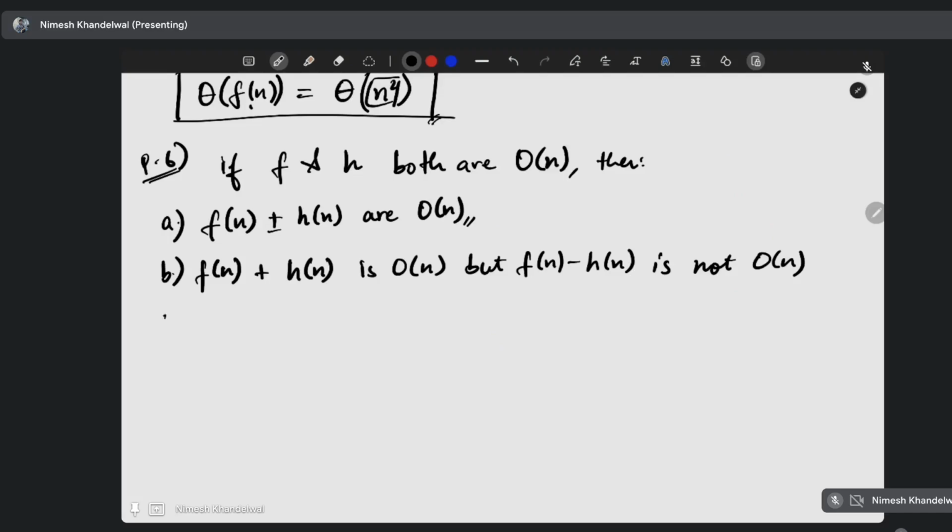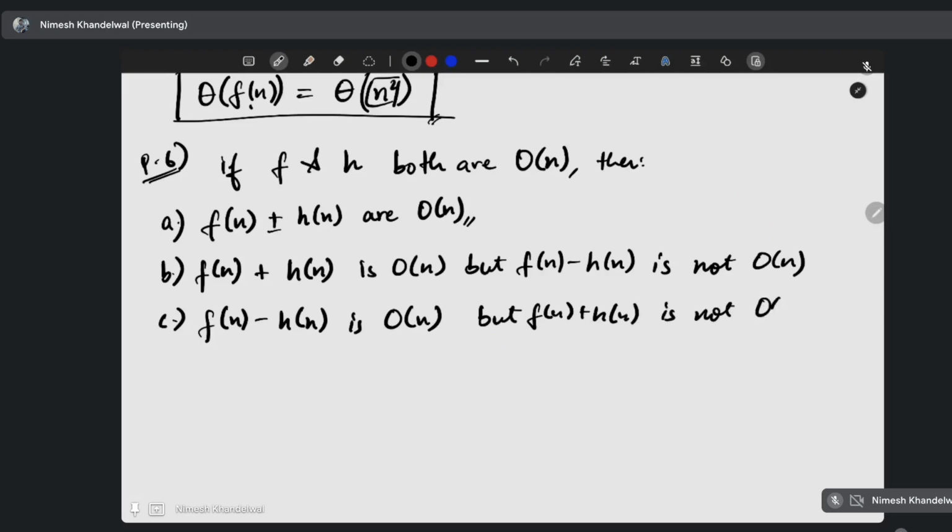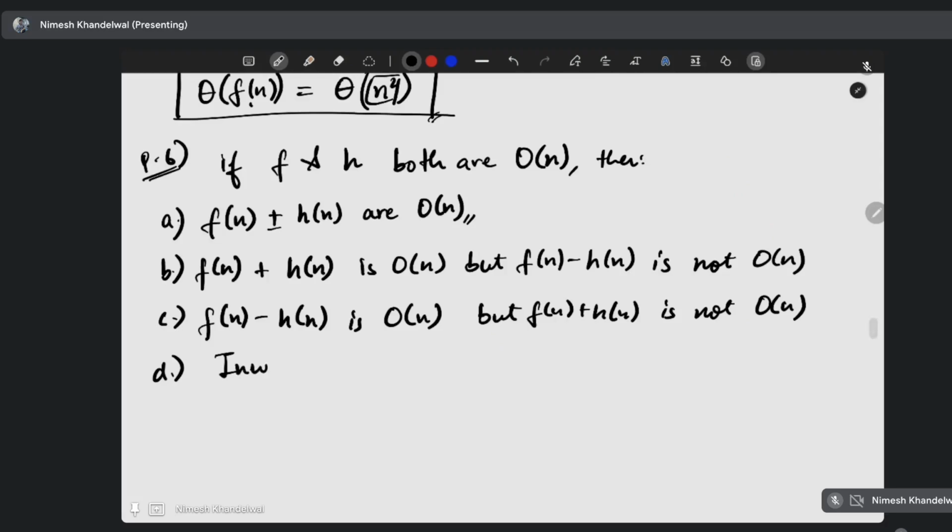Or conversely, f of n minus h of n is O of n, but f of n plus h of n is not O of n. Or basically we have incomplete information. Which one of these is true? Can we conclude about the time complexity of the resulting function if we add, subtract, or do whatever with the two functions, if we have the individual complexities of the functions?